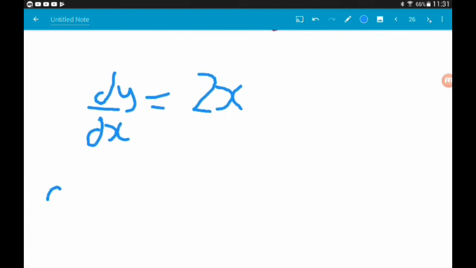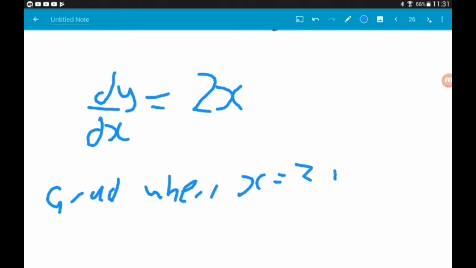The gradient when x equals 2 we should really write as dy of 2 over dx. All that means is the value of dy by dx when x is equal to 2.